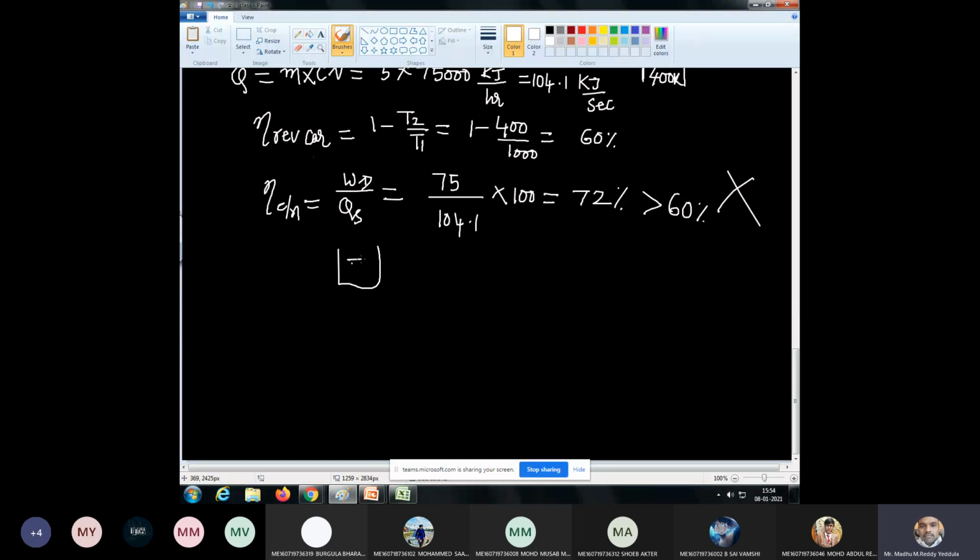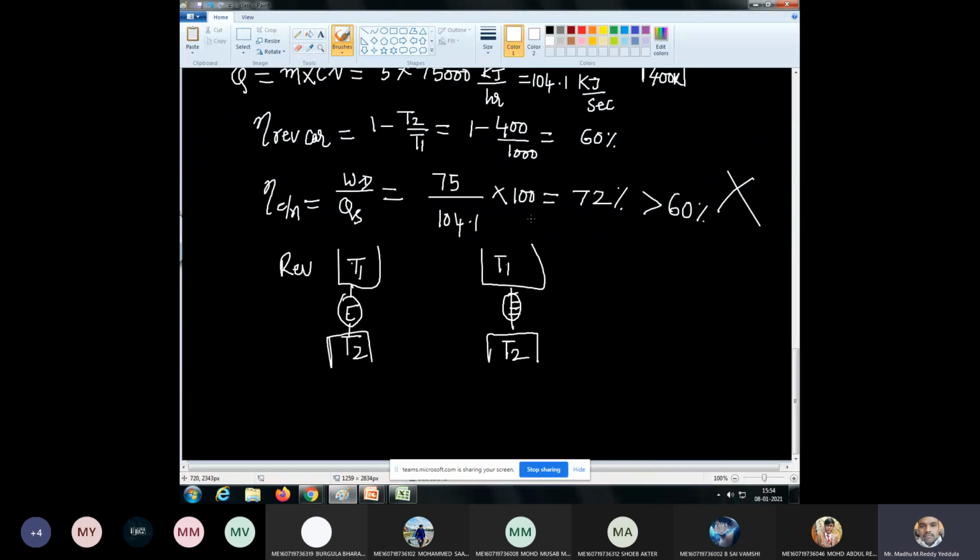Observe carefully. T1, T2. This is an engine extracting heat. Let us say this is a reversible engine, with the same T1 and T2. This is my engine.